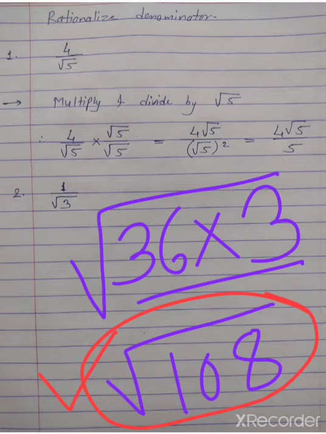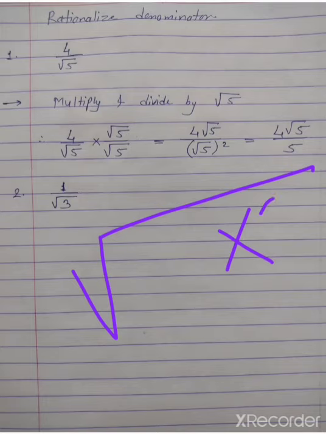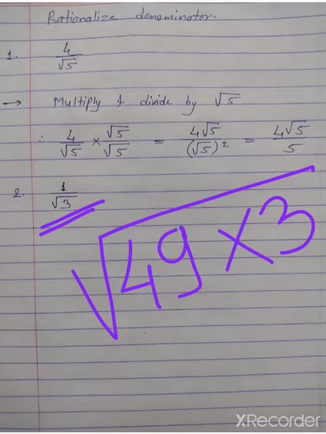So I think you know how to rationalize it. You can select one more factor. Here I am showing you how to create this rationalizing factor. Here we have to remove this root 3, so I am using 3 compulsorily, and then write any square number. Suppose I write 49, which is a square of 7.